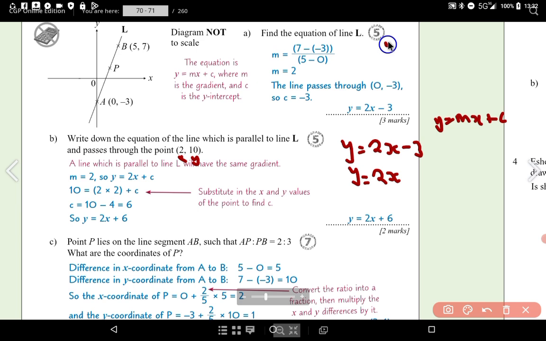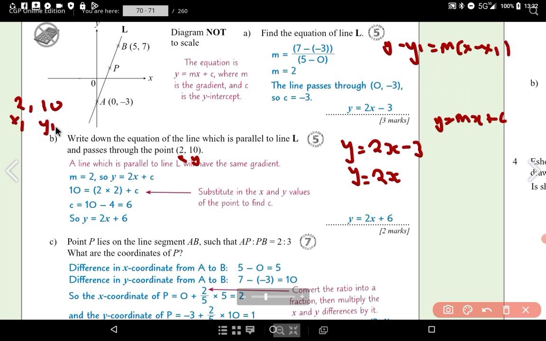You can either use this, because you have the point (2, 10). So you can use that formula. This is your x1, this is your y1. It will give you the equation of the line.